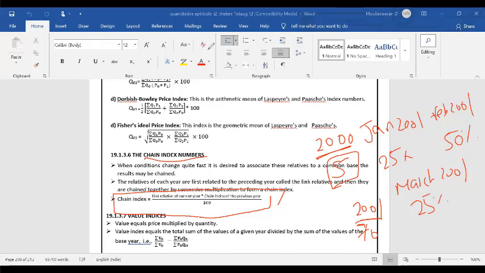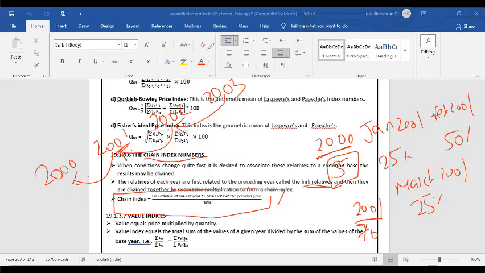See what they are telling us here. One more term they are using is link relatives. Link relatives means compared to the preceding year. For example, here 2000, 2001, 2002, 2003, like this it is going. For 2002, 2001 is the link year. For 2003, 2002 is the link year. For 2001, 2000 is the link year.